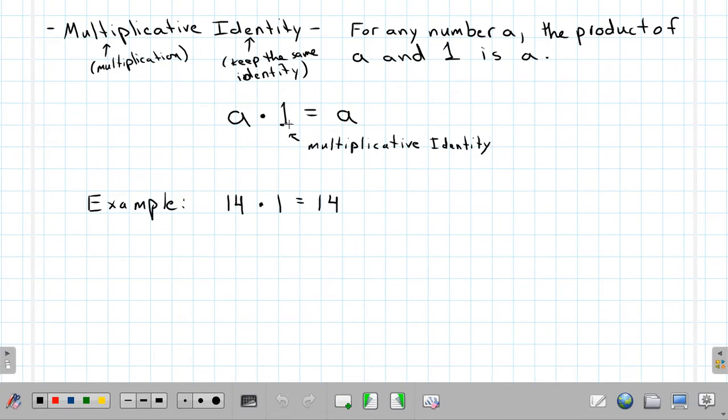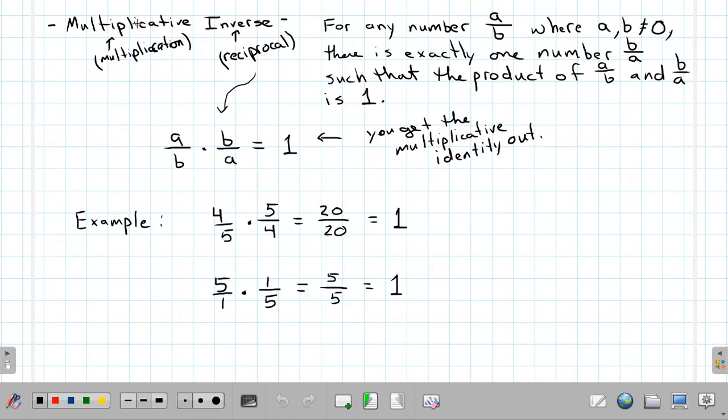Our multiplicative identity is 1. In this case, the multiplicative inverse tells us we can multiply two things together to get 1. Just like 0 is the magic number for addition in terms of these properties, 1 is the magic number for the multiplicative properties. So once again, multiplicative identity is 1, and for multiplicative inverse, when you multiply two things together, you should get 1. That's how all those are related in terms of the inverse versus identity properties.